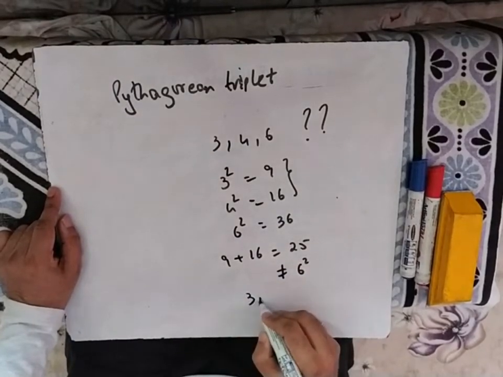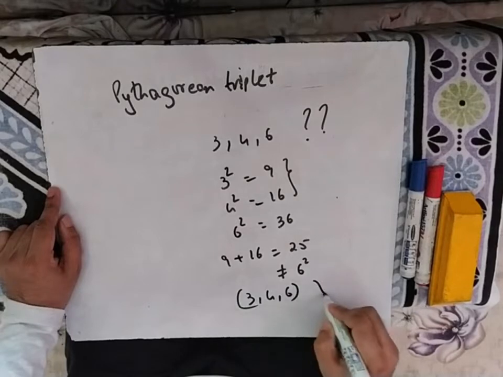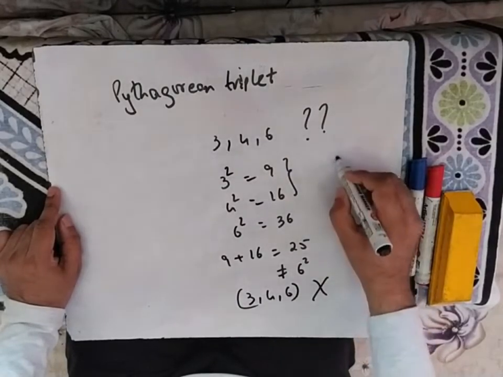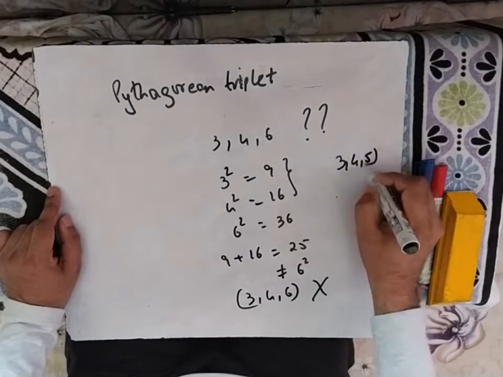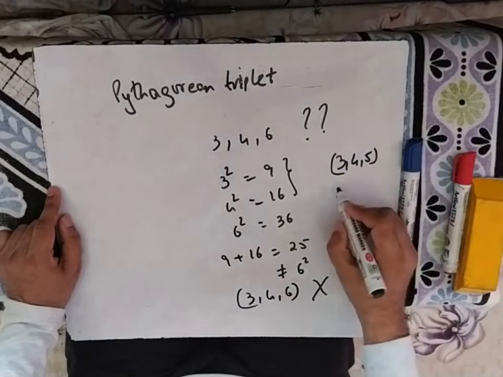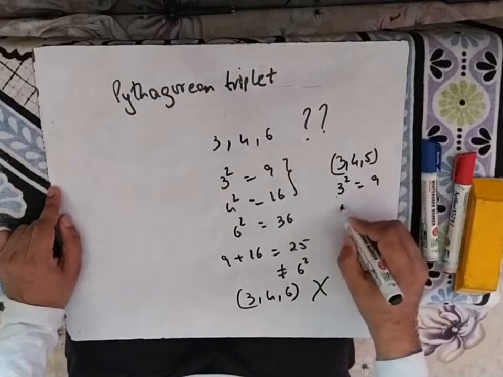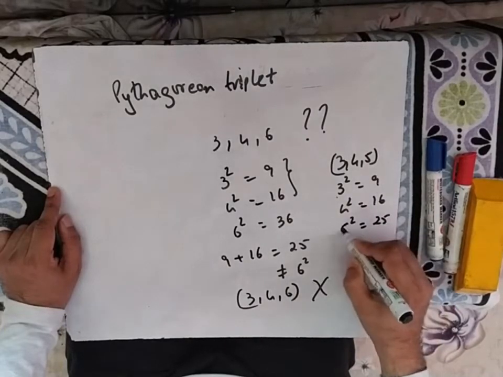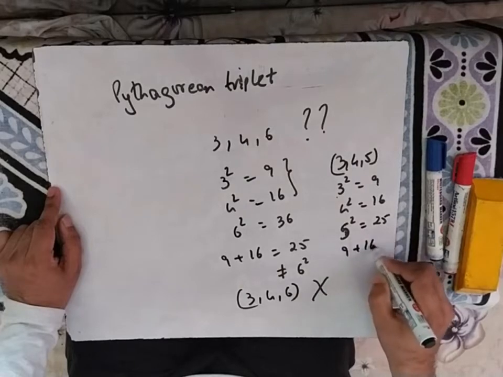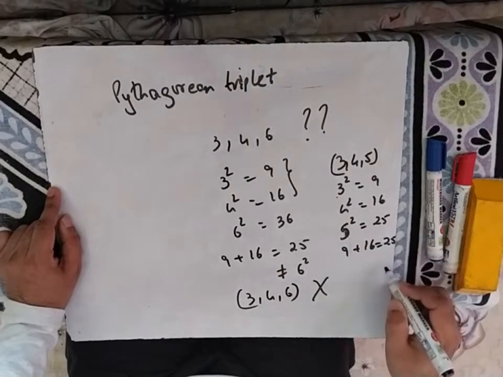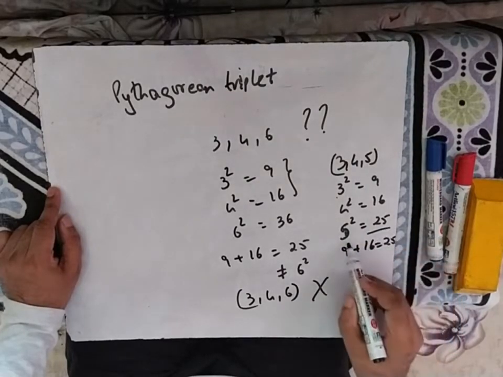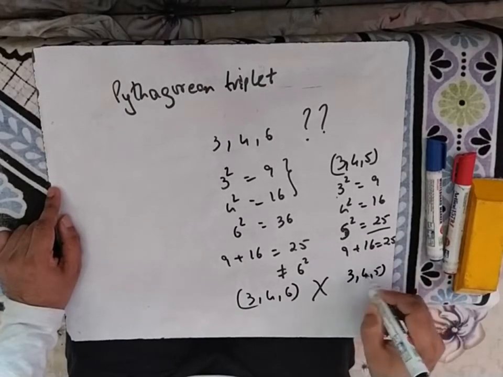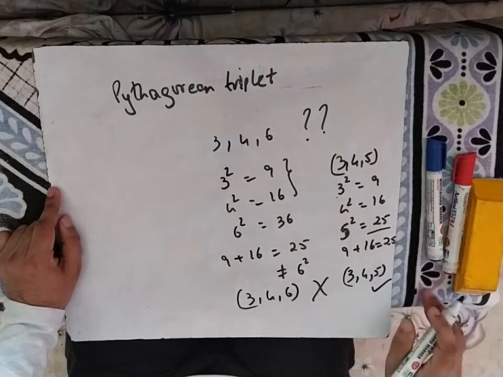That's why 3, 4, 6 is not a Pythagorean triplet. Instead of that, 3, 4, 5 can be called as the Pythagorean triplet. 3 square is 9, 4 square 16, 5 square is 25. Now if you add 9 and 16, what are you getting? 25, which is equal to the third number square. That's why 3, 4, 5 is a Pythagorean triplet.